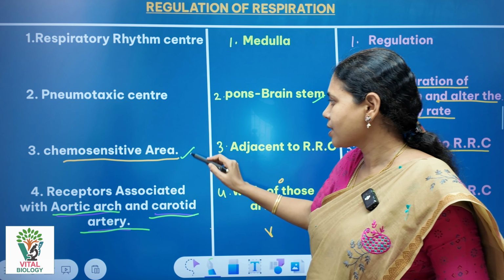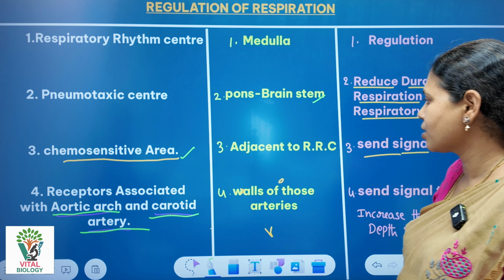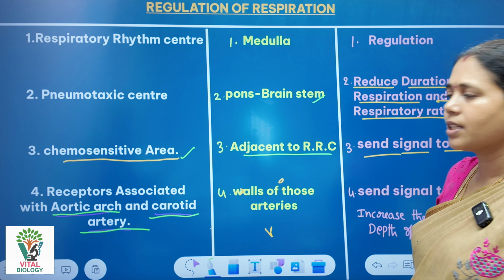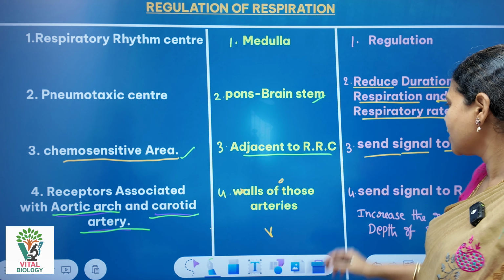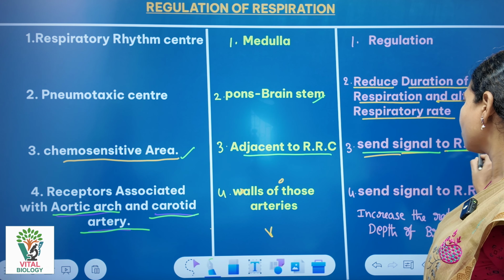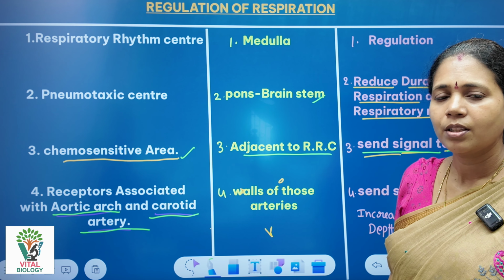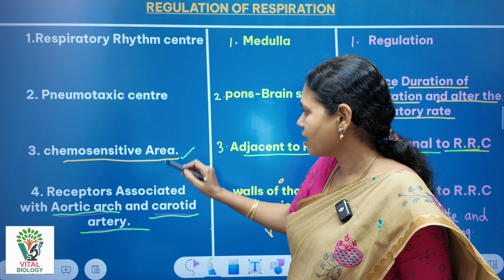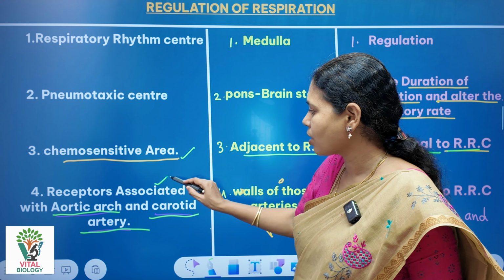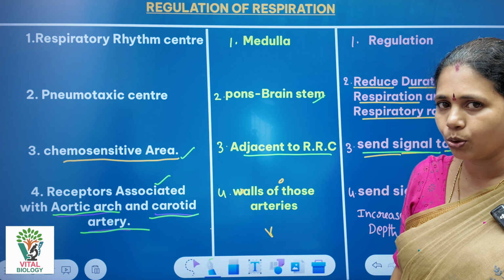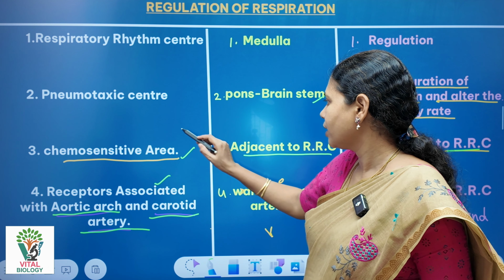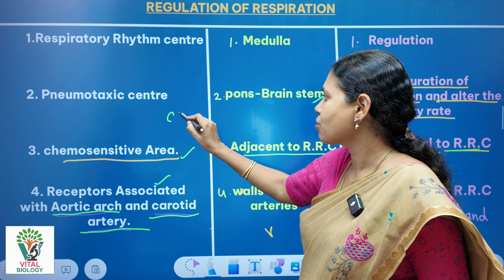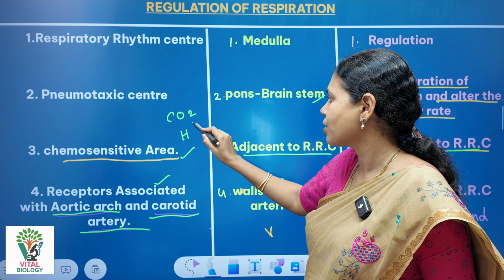And the third, the chemosensitive area, is present just adjacent to the respiratory rhythm center and gives signals to it so that it can make the adjustment. This chemosensitive area and the receptors in the aortic arch and the carotid artery are both able to sense the levels of CO2 and hydrogen ions.